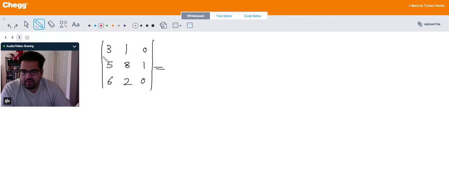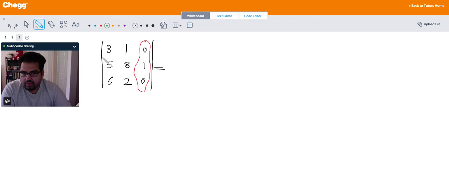So I have a column with 2 zeros, so it's better to choose this one rather than the second row, because in the second row, 5, 8, 1, none of them are 0, so you have to do more calculation. But if you choose this third column, 2 of the elements are 0 and it simplifies your calculation.